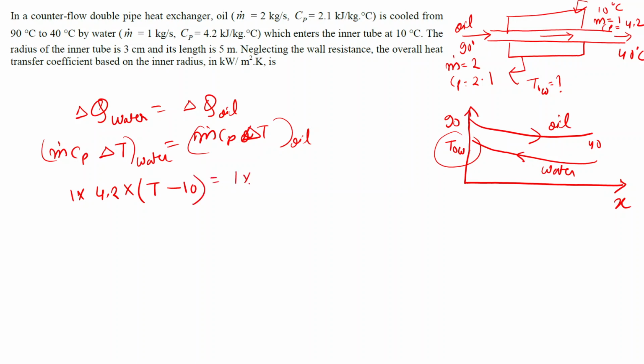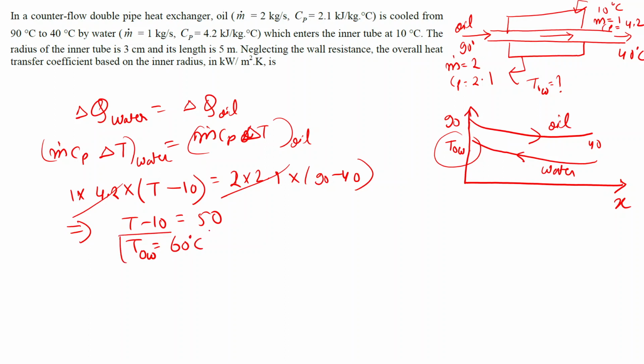Similarly for oil we can write it as 1 into 2 into 2.1 into temperature difference, in this case is 50, that is 90 minus 40. That is, we can write this as T minus 10 is equal to 50, and this T outlet of our water will be 50 plus 10, that is 60 degrees Celsius.